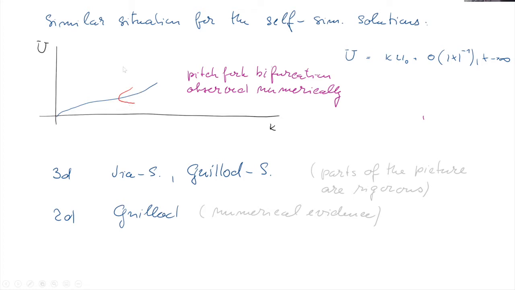And indeed, if one is willing to accept some help from the computers, one sees the same scenario. So if we impose this parameter k in front of the condition at infinity u0, and solve the problem as k increases, then we have a unique solution for small k, and then we encounter a bifurcation.